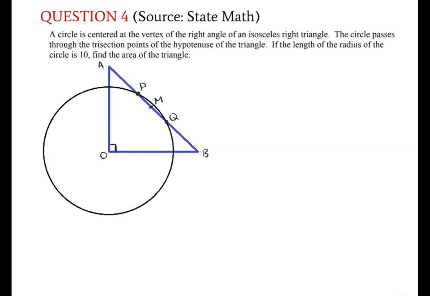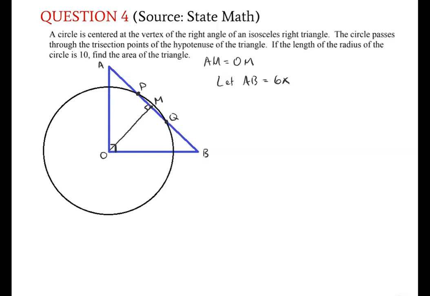So if we connect O to M, then we form another two more isosceles triangles. So basically AM is equal to OM. That's an isosceles triangle. And let's just let AB be equal to 6x.